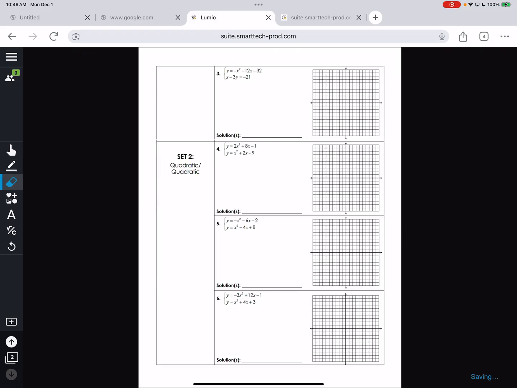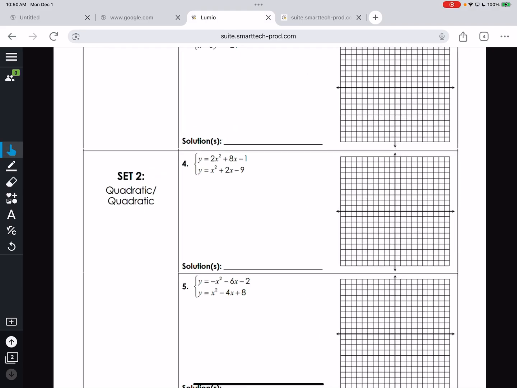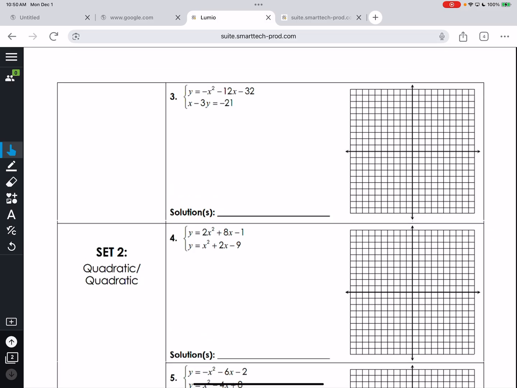Number 3. Can you have fractions? Is the linear x equals 3y minus 21? x plus 21 equals 3y. You've got to have it where it's just y equals, so you have to divide by 3. So you have a slope. You can have a fraction slope. Yeah, the slope can be a fraction.